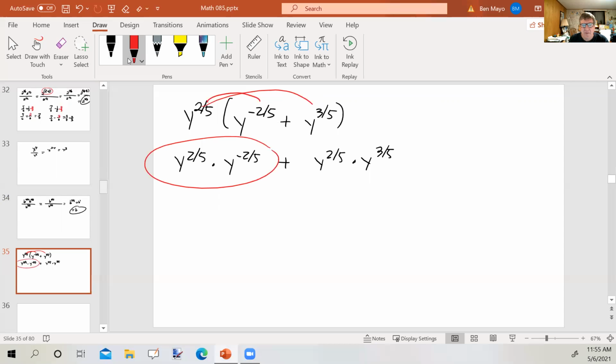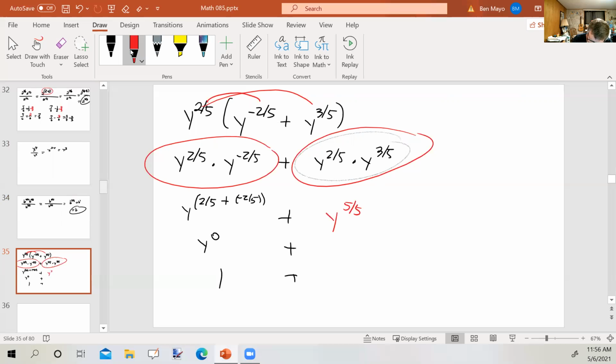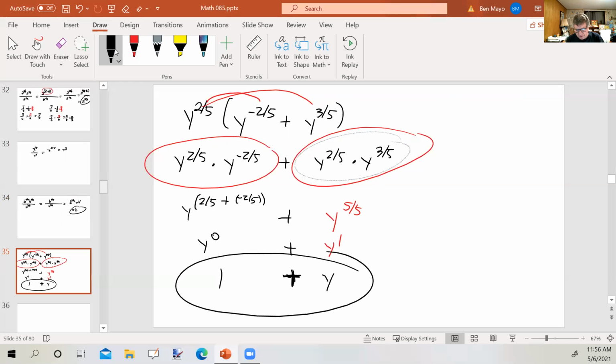Multiplying two powers with the same base, we add the exponents. So this would be y to the 2/5 plus negative 2/5, which would be y to the 0 power. Recall that any base other than 0 raised to the 0 power is 1. And then y to the 2/5 times y to the 3/5 would be y to the 5/5 or y to the 1 or just y. So our final answer is 1 plus y.